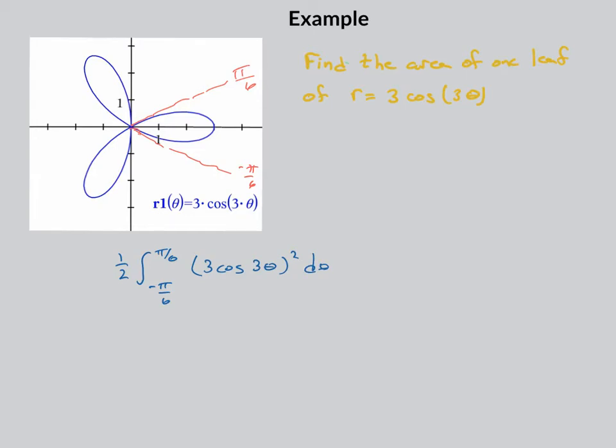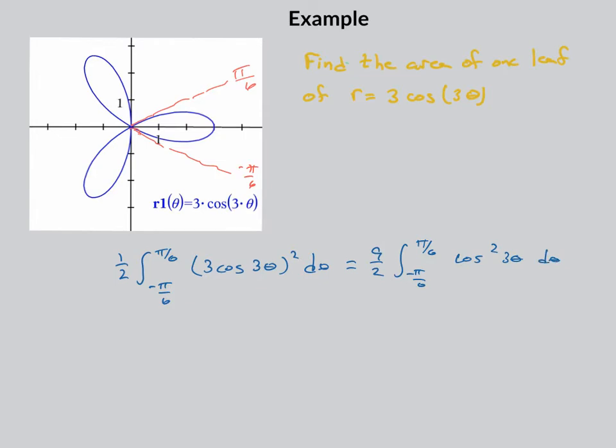Now I do have to multiply that out, so that'll end up being 9 cosine squared of 3 theta. So I'm going to pull the 9 out, and that'll be 9 over 2 times the integral from negative pi over 6 to pi over 6 of cosine squared 3 theta d theta.